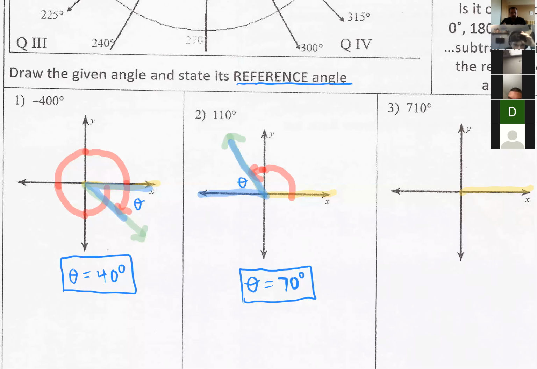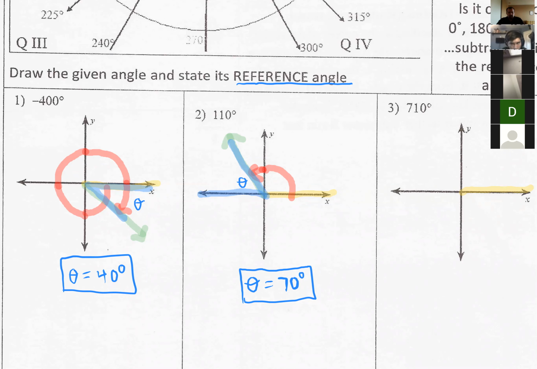You're almost never using the y-axis for your reference angle. So it has to use the terminal side and the closest part of the x-axis, whether that's the negative x-axis or the positive x-axis. For this one, we're using the negative x-axis.